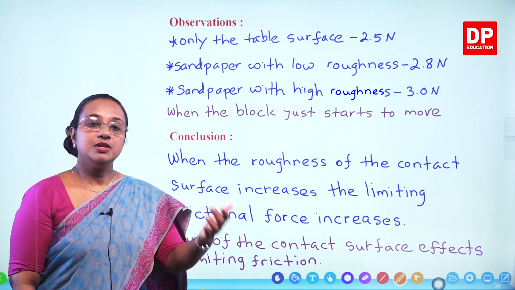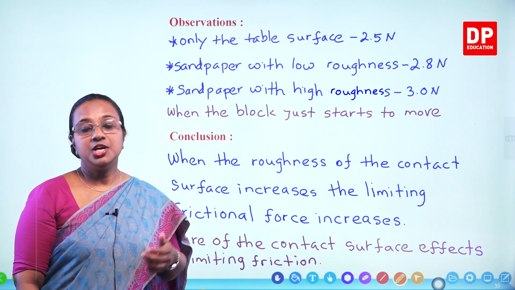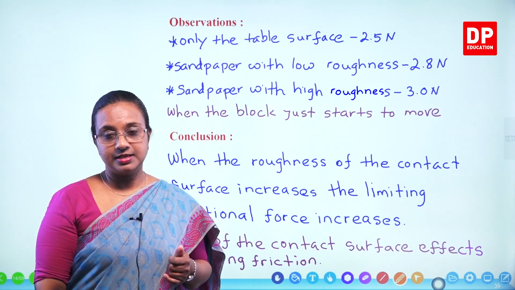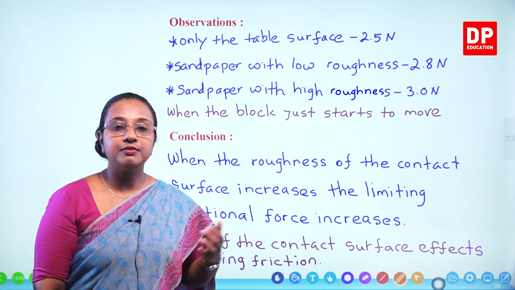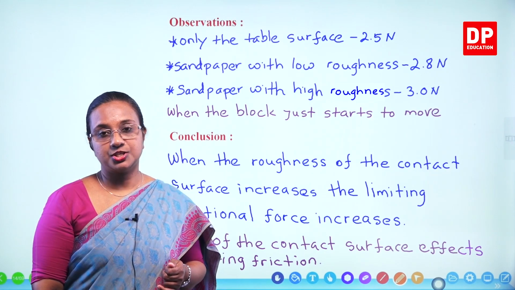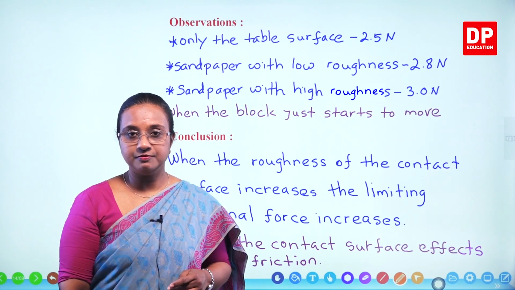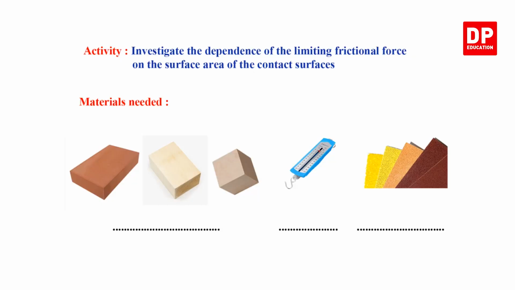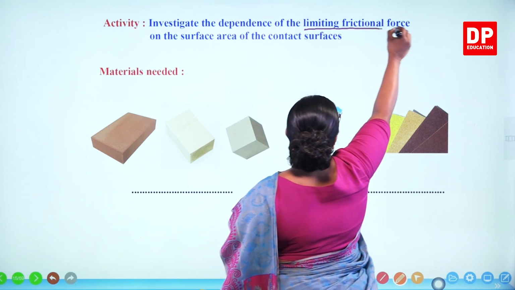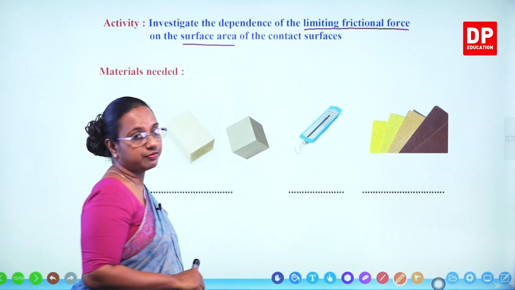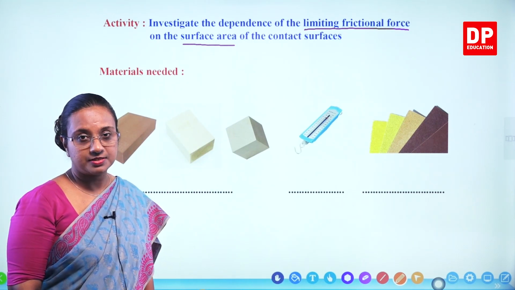Now let us do another activity to check whether the area of the contact surface will affect the limiting frictional force. So let us discuss that activity first. Investigate the dependence of, again, the limiting frictional force on the surface area of the contact surface.